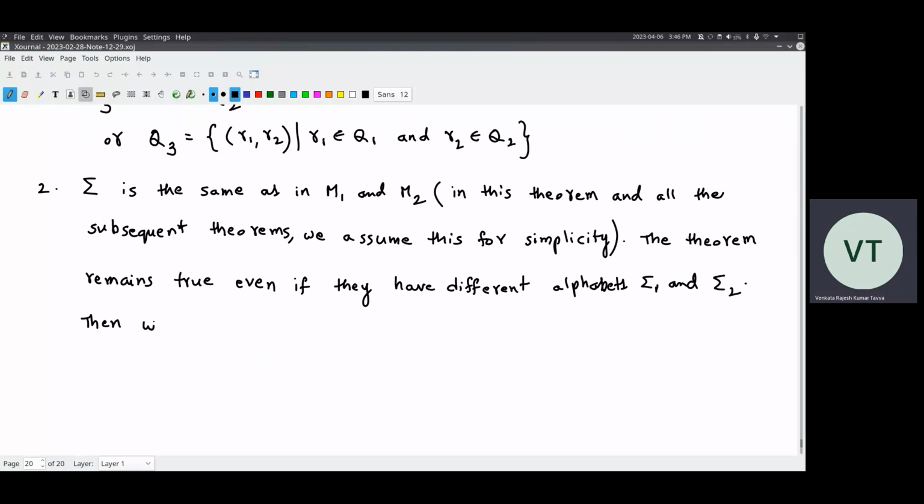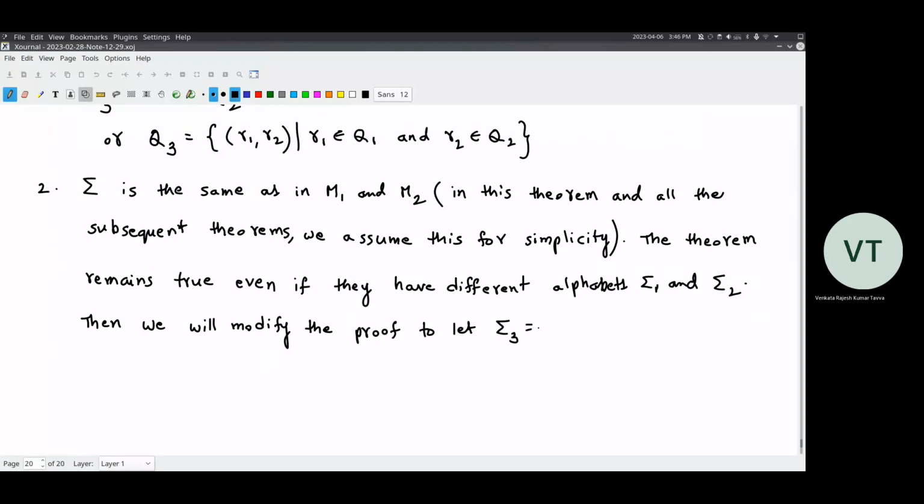Then we will modify the proof to let sigma 3 equal to, so what will be sigma 3 in terms of sigma 1 and 2? Yeah, sigma 1 union sigma 2. You just combine those alphabets to get sigma 3.